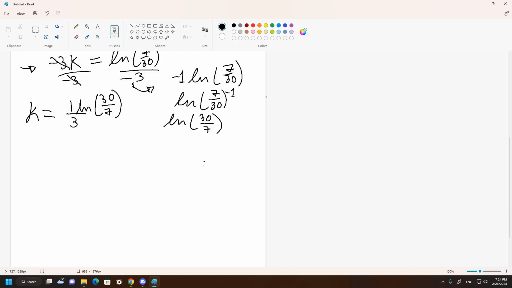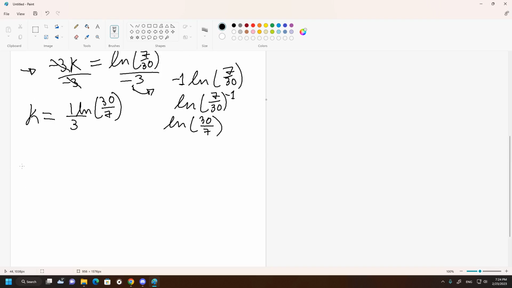Okay, now that we found the k, we have to find the real question from the text, which is what is the temperature at 12:05 p.m. We can solve it from our second initial values, from 12:03 p.m. to 12:05 p.m. We have a difference of 2 minutes.